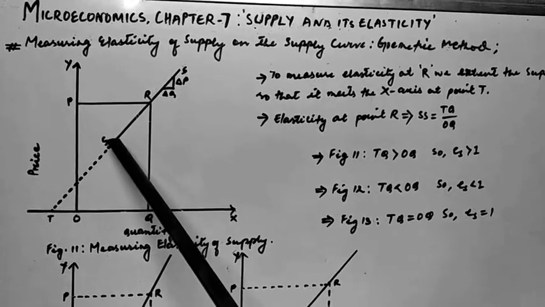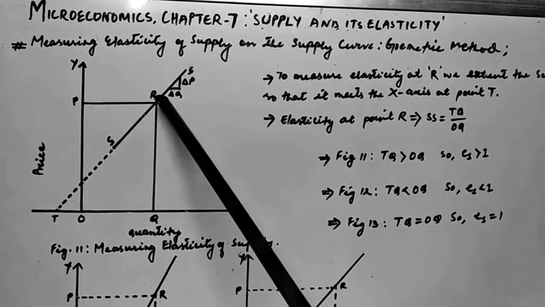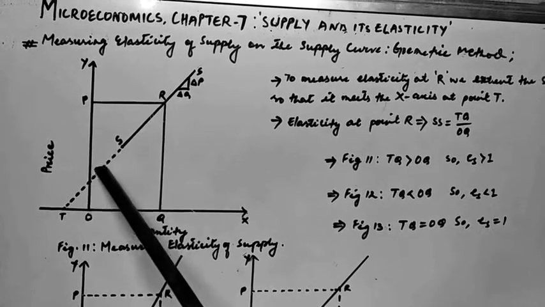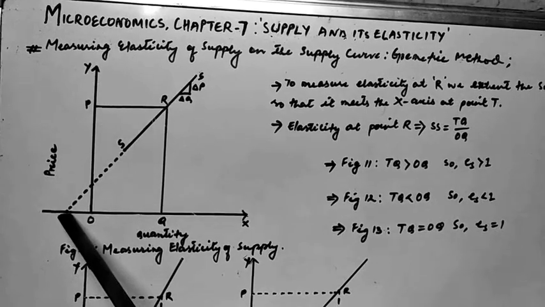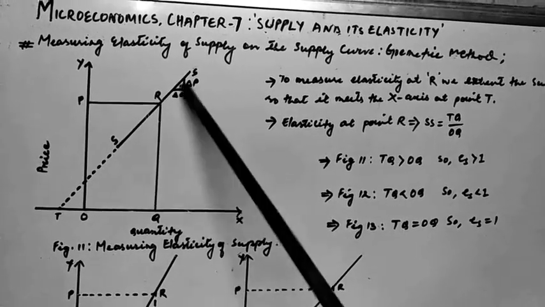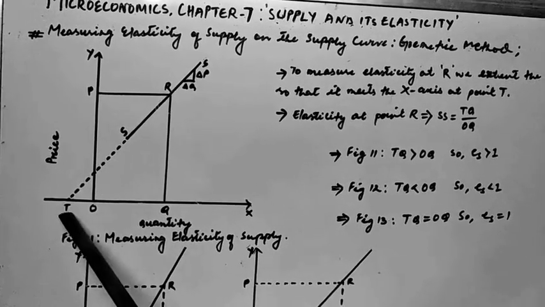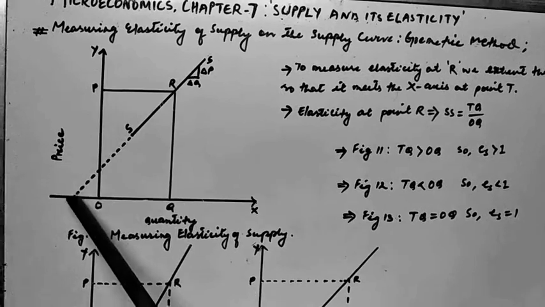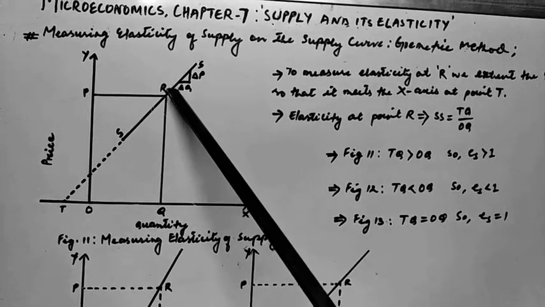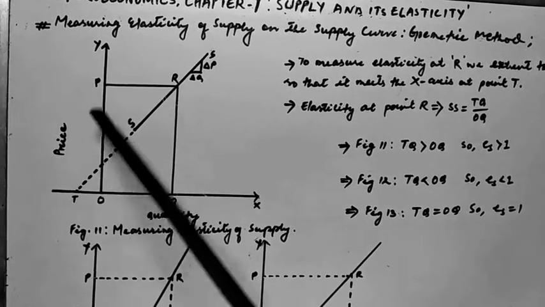To measure the elasticity of supply at point R, the first step is that we extend this supply curve towards the x-axis, touching the x-axis at point T. Corresponding to point R, quantity supplied is OQ at price OP.